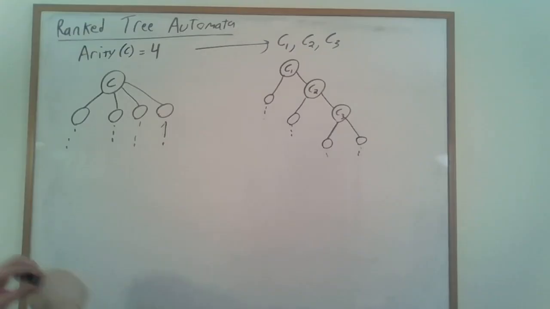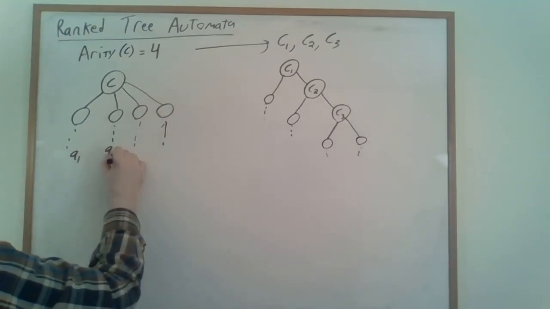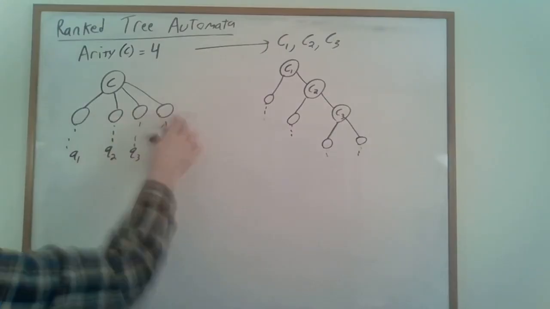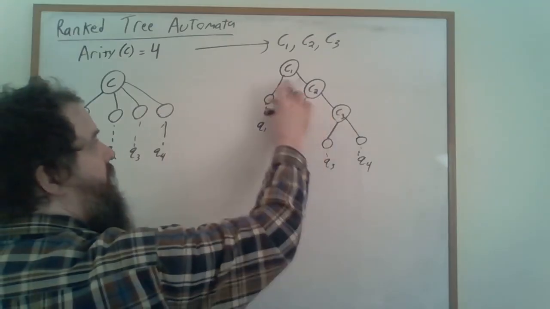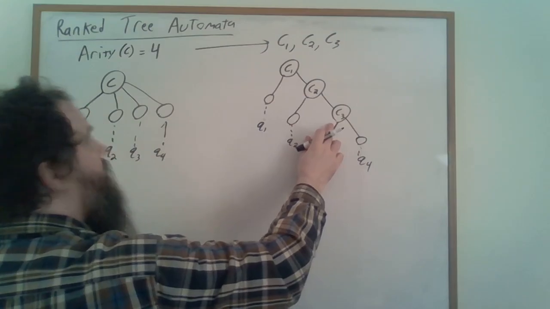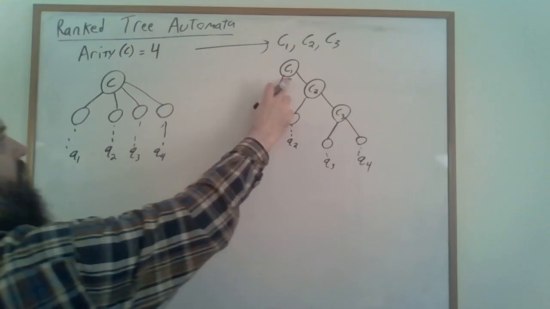Let's be concrete about this. Let's say we assign states Q1 through Q4 to these nodes here. And again, we need to pick the transition functions for C1, C2, and C3 in such a way that we assign the same state to this node and this node.